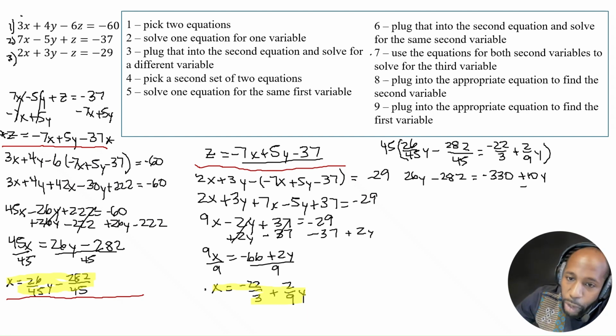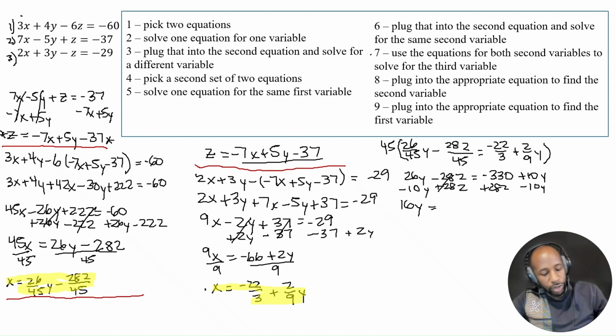All right, I'm going to move my y's to the same side. Add 282. Add 282. So then 26y minus 10y is 16y equals, so we have negative 330 plus 282.